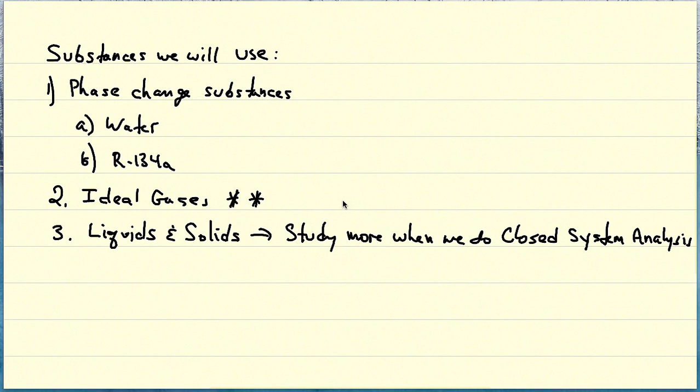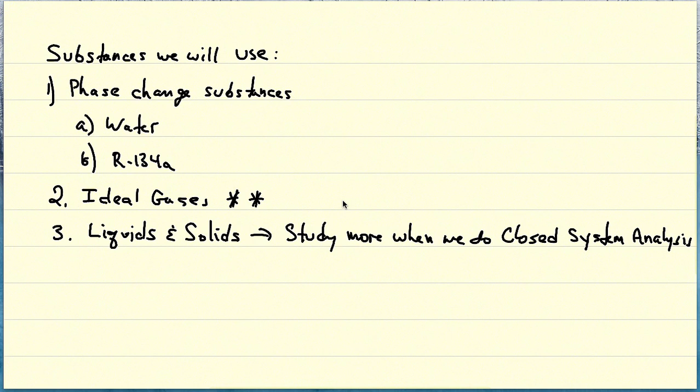The first we've already studied, and those are what we call phase change substances. Something like water undergoes a phase change and has the saturation dome. We're going to study that extensively, and we'll study R134A, which is also a phase change substance. In other words, we can have the two-phase mixture.